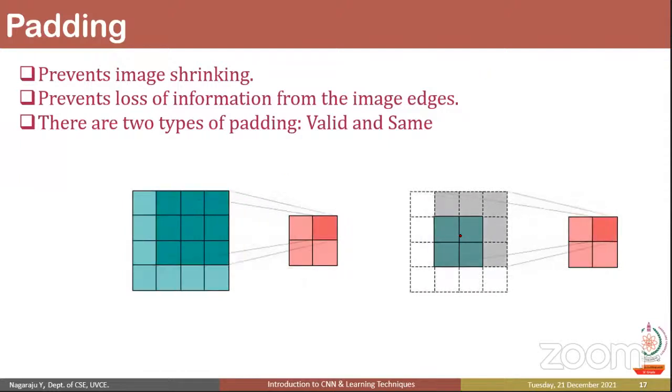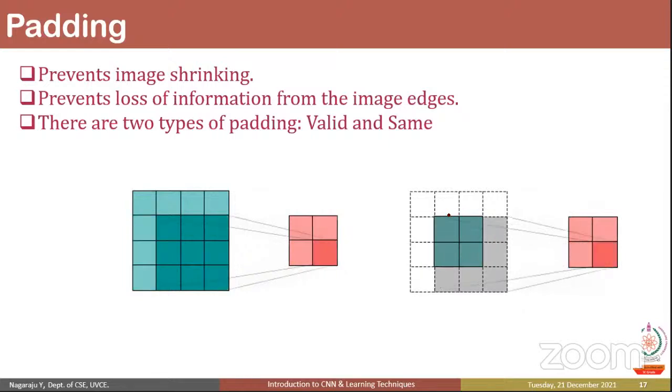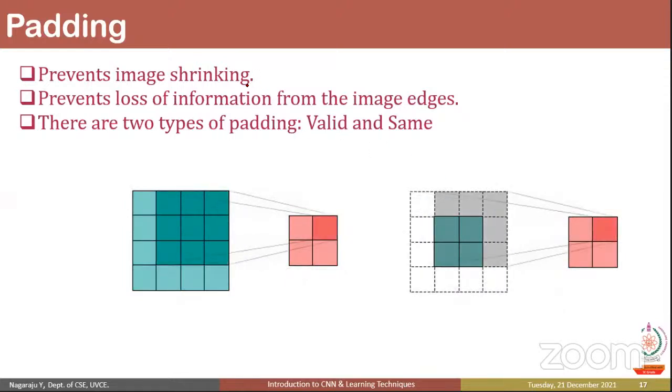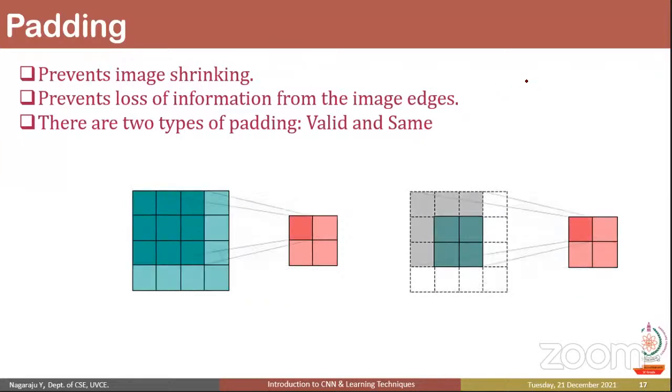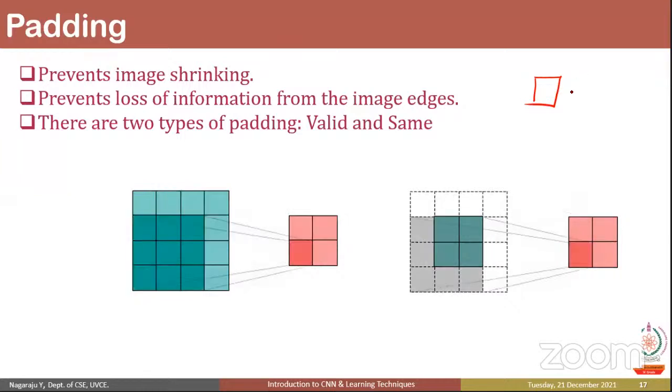Why do we need padding? The situation is very simple. In some situations, we don't want our image to be smaller. That means we don't want to reduce the dimensionality of an image. Shrinking is not necessary for us.